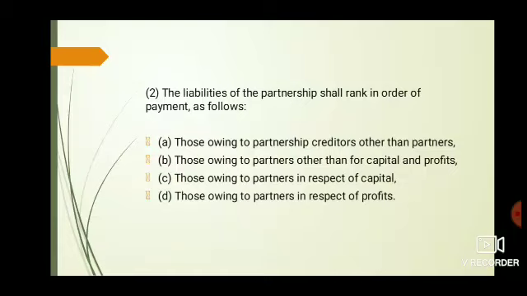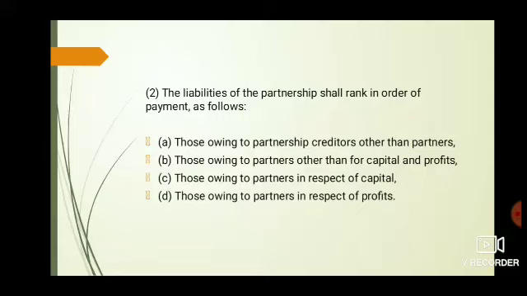Thereafter, they decided to dissolve their partnership. At the time of dissolution, they have total assets amounting to 1 million. Moreover, at the date of dissolution, the partnership owes X the amount of 50,000, Y the amount of 100,000, and partner C the amount of 100,000.